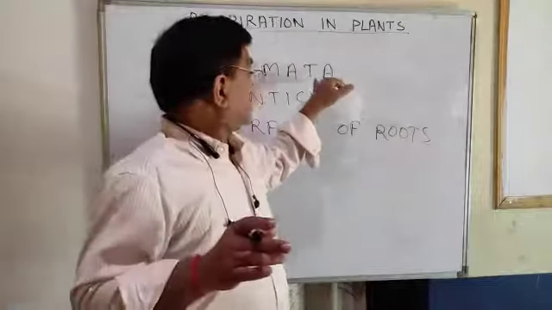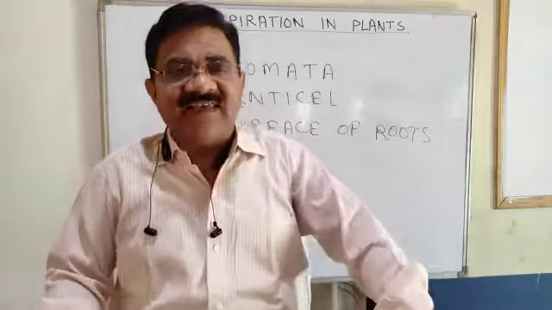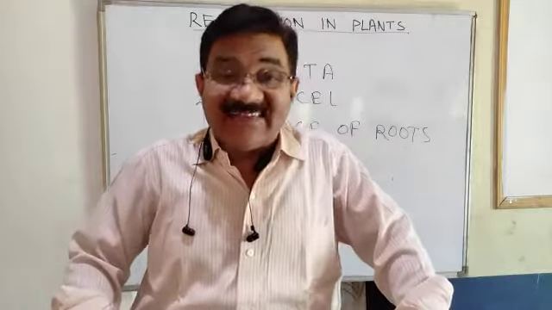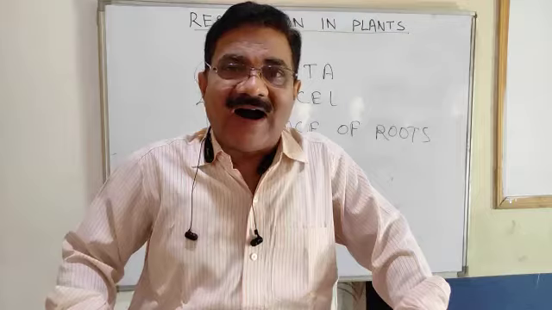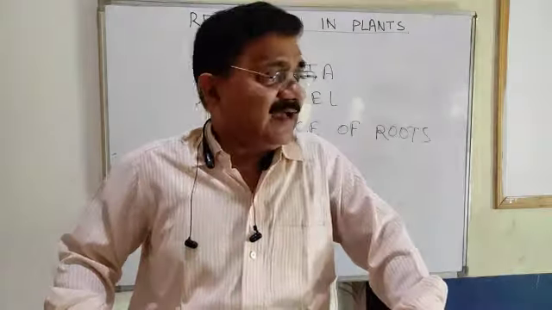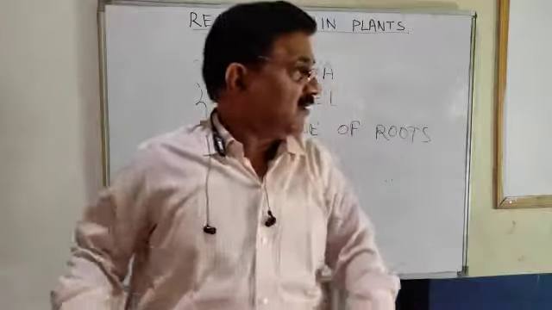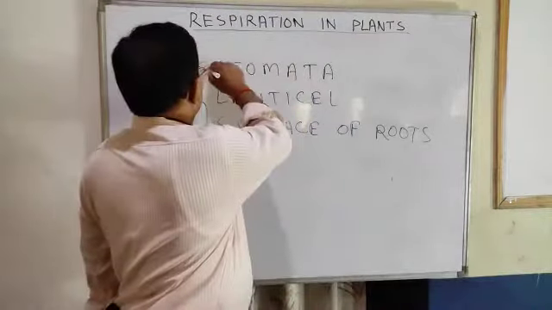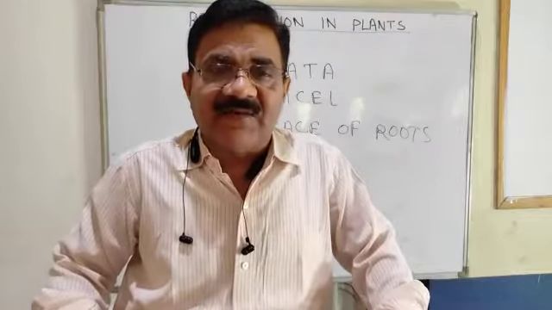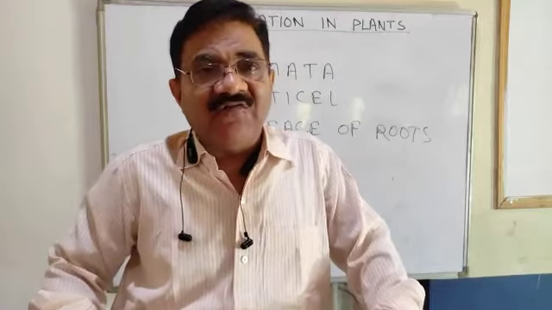So the location is the surface of the leaf, the function is gaseous exchange, and excess water in the form of water vapor is released through stomata by the process of transpiration.